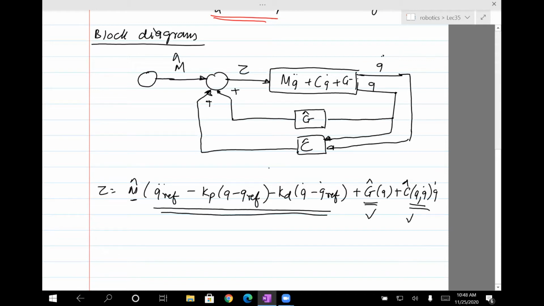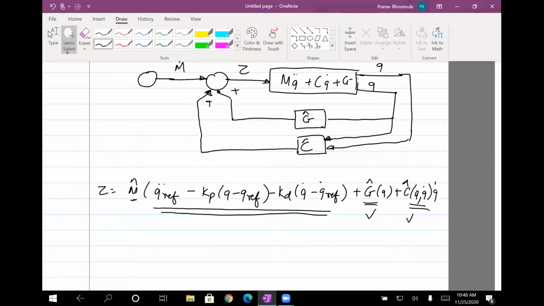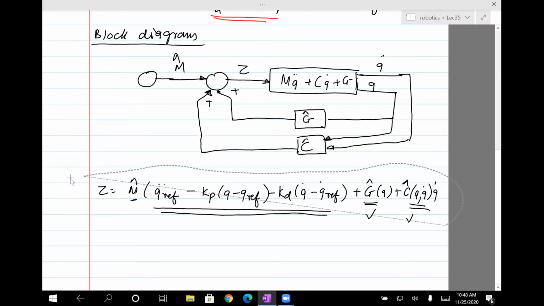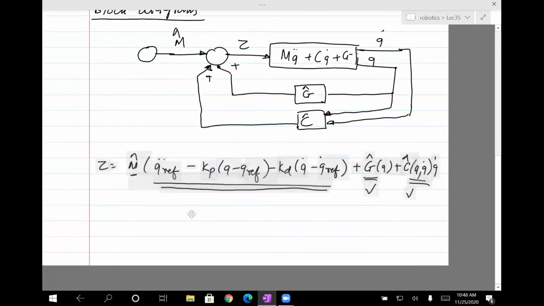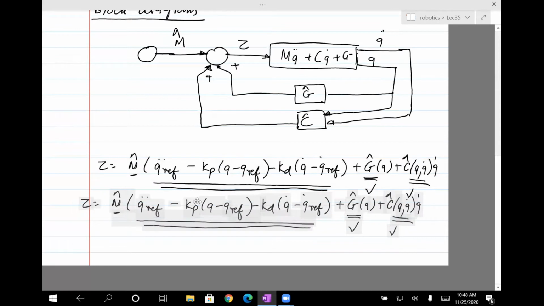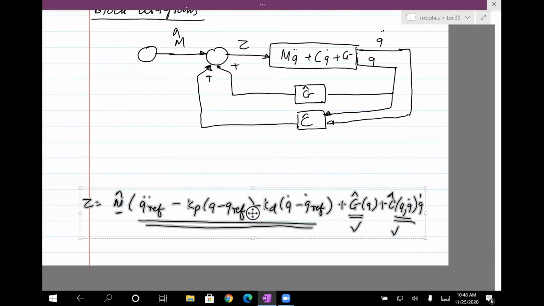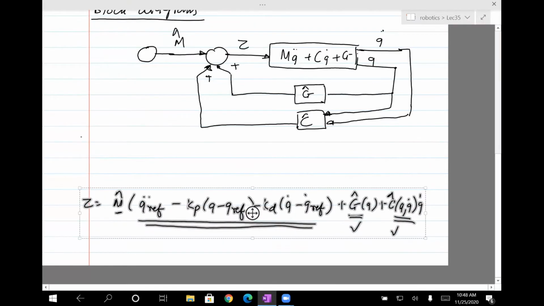And I need some reference. So let me just pull that and move this down first. Okay, so I need a reference. So let me just create a reference signal.